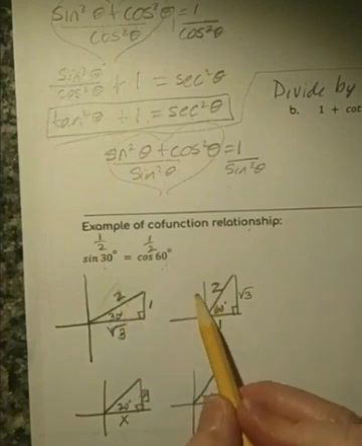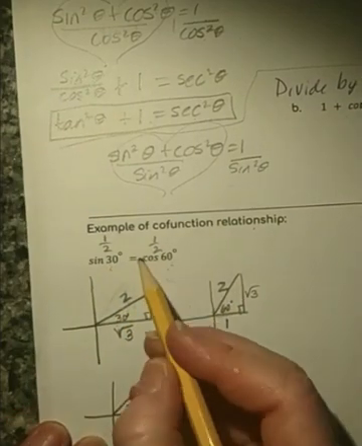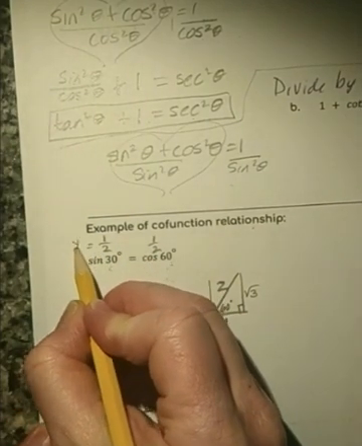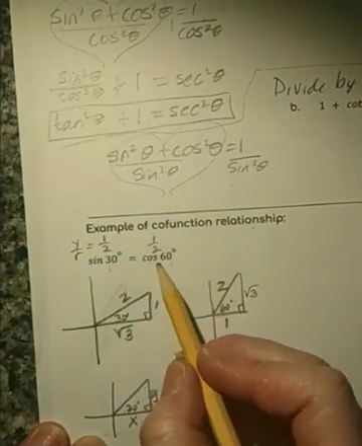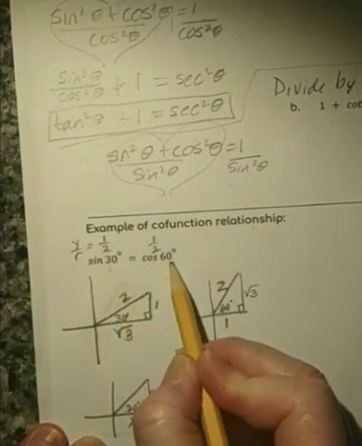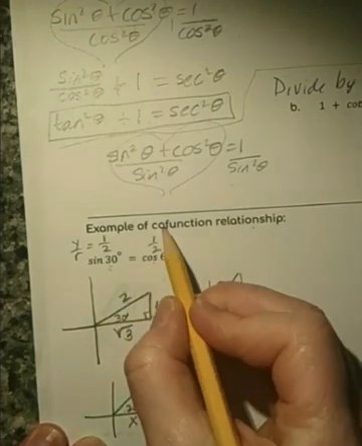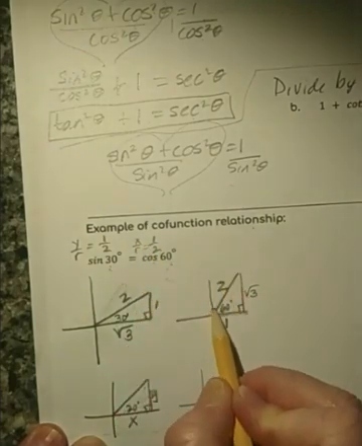I did the same thing with a 60-degree angle over here. Well, remember that sine of 30 degrees, that's just y over r, and in this case, y over r is 1/2. And the cosine of the complement to a 30-degree angle, that's the cosine of 60 degrees, that's going to be x over r, which is also going to be 1/2.